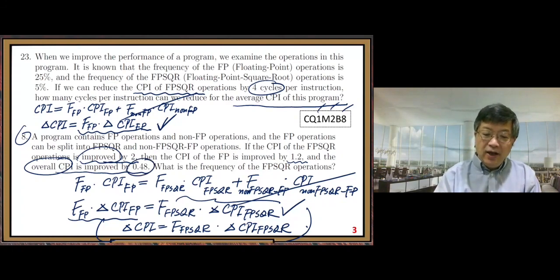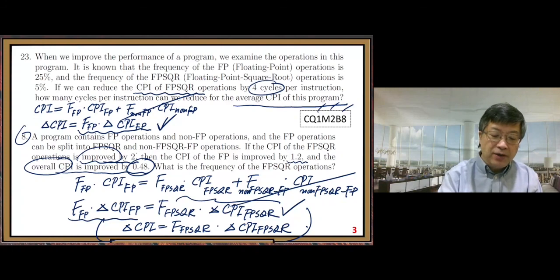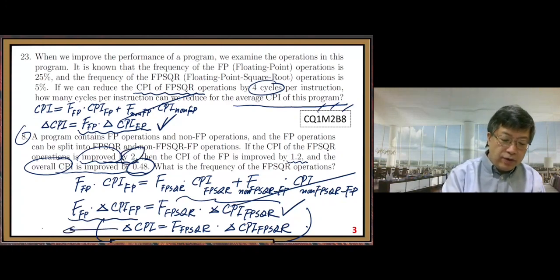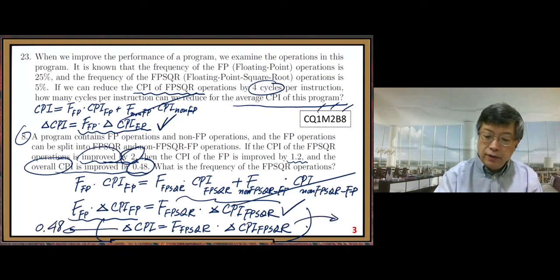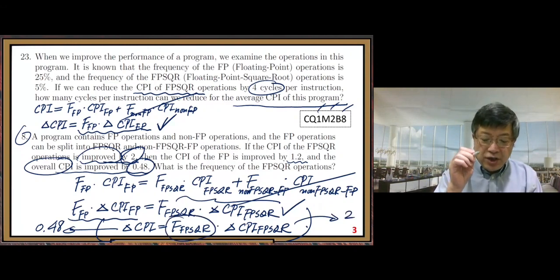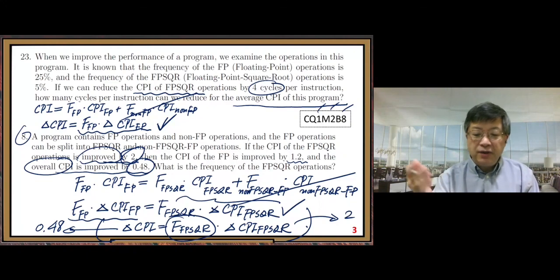And what is the delta CPI FPSQR? CPI is improved by 2. So 0.48 here, 2 here. Then you can easily find the frequency of FPSQR.